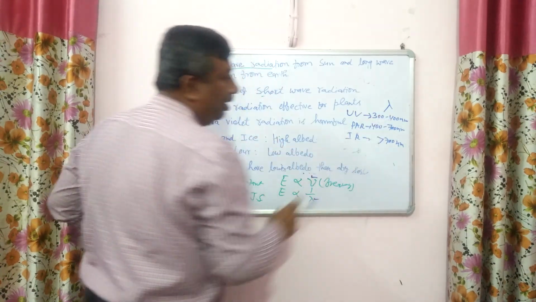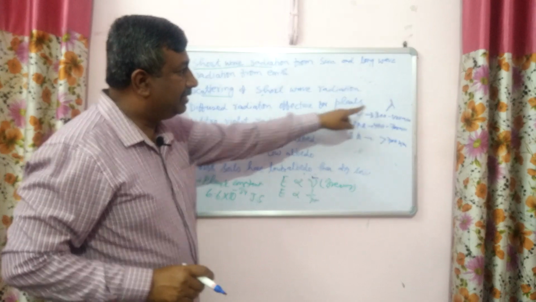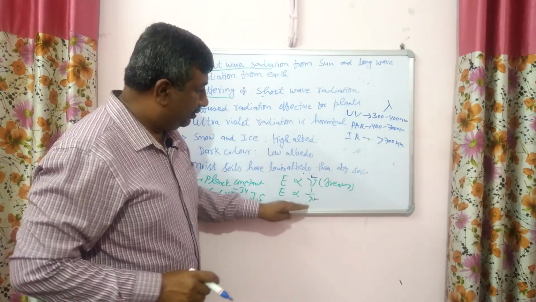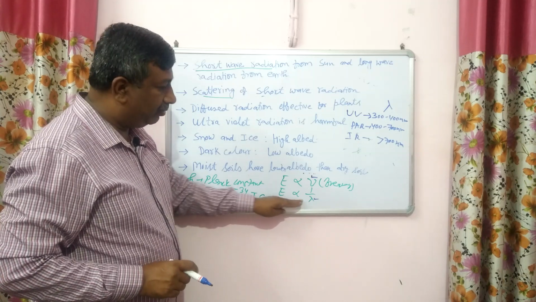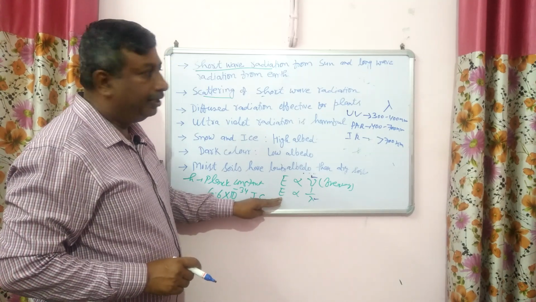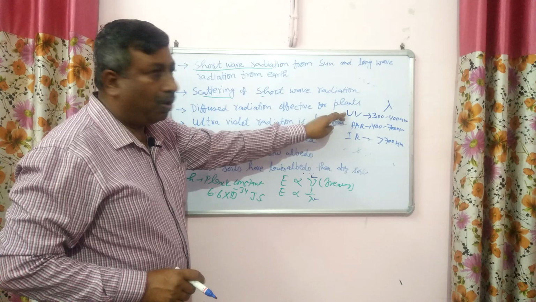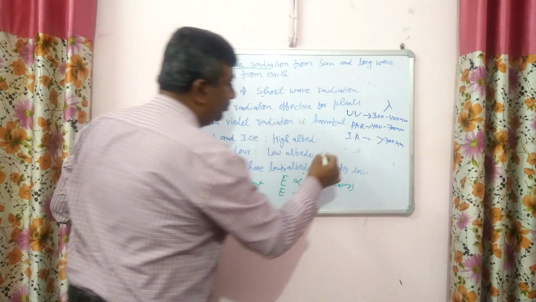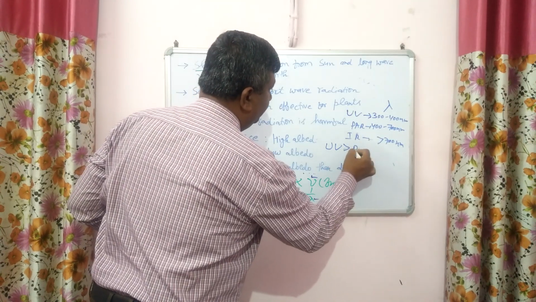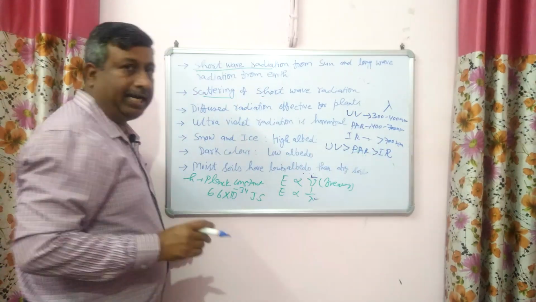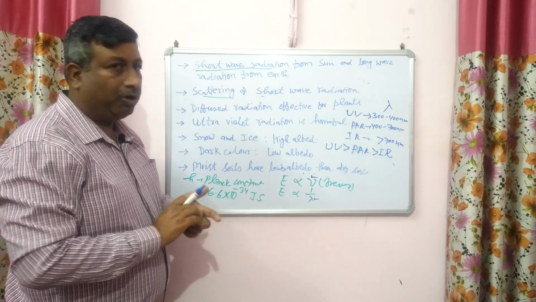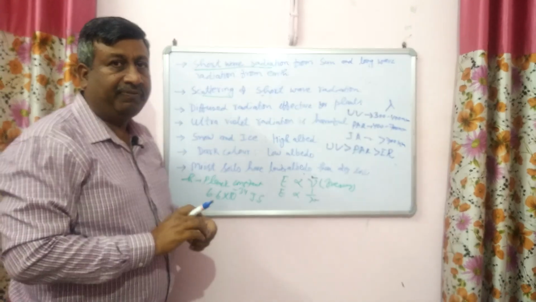So here ultraviolet has less λ. So λ is less and it is inversely related with the energy, so energy is high. So it means the energy of UV is more, followed by PAR, followed by infrared. So the UV light has maximum energy, followed by PAR, and the least energy in infrared.